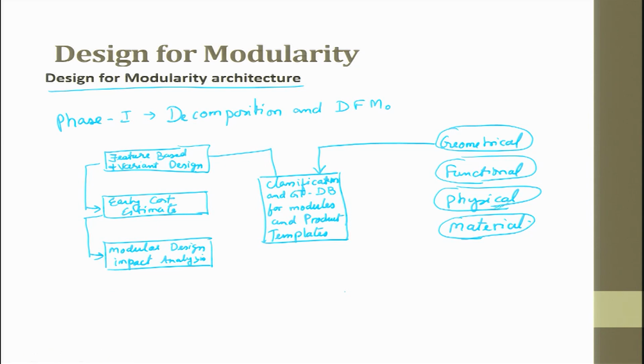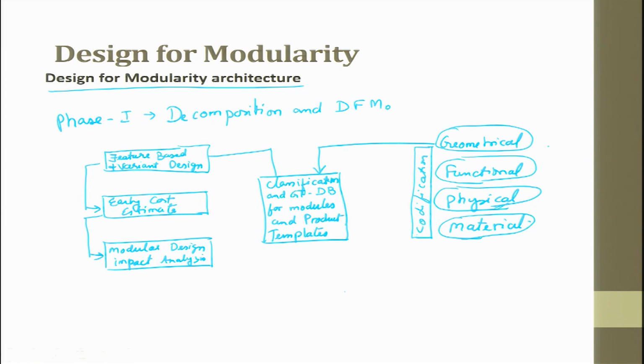Then it is a physical form, then functional, then geometry. So, all these things are now coded. They do a codification on this and then they get to this output.